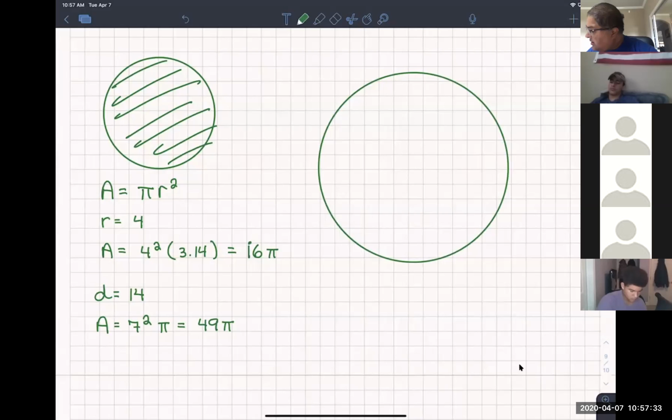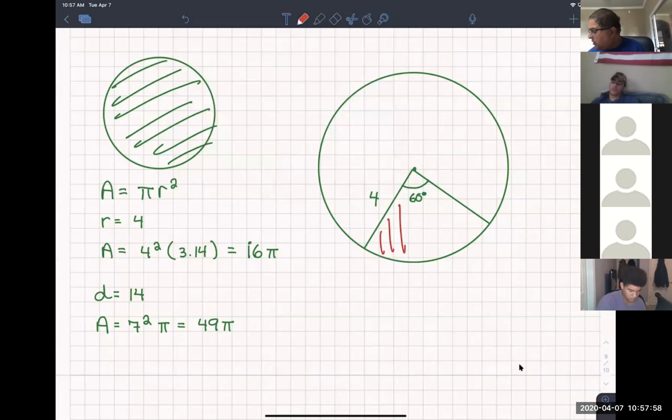Now, let's say, for example, I have a circle, and let's just say the radius is 4 and the central angle is, say, 60 degrees. We found the arc length, but now we want to find the area of this wedge.